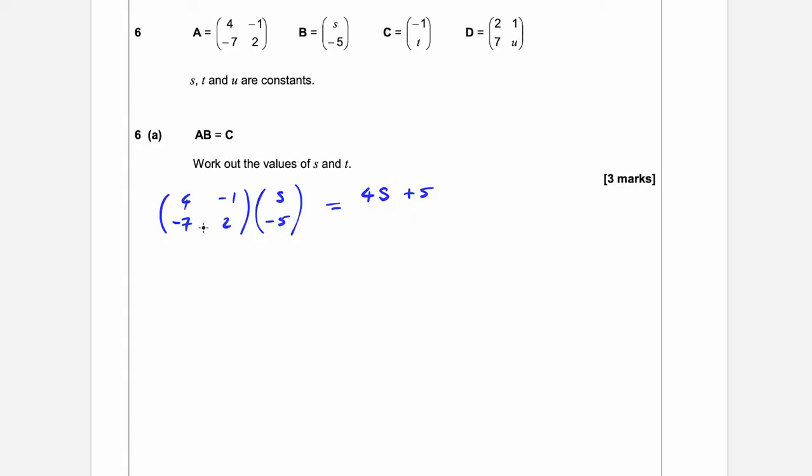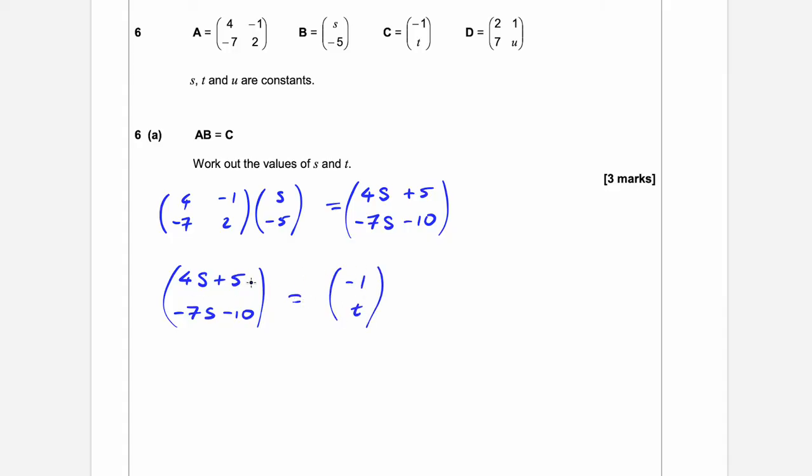And then at the bottom is minus 7 times s, which is minus 7s, and then minus 10. So that is the new matrix. That's the matrix AB. And then that has to equal C. So 4s plus 5, and minus 7s minus 10, equals minus 1, t.